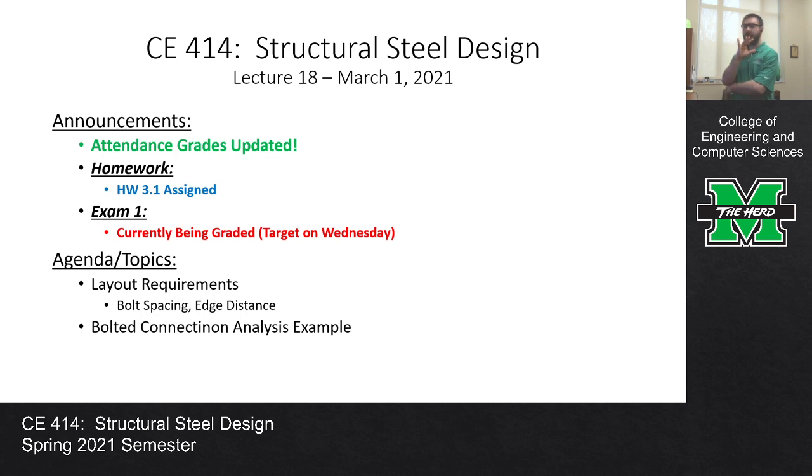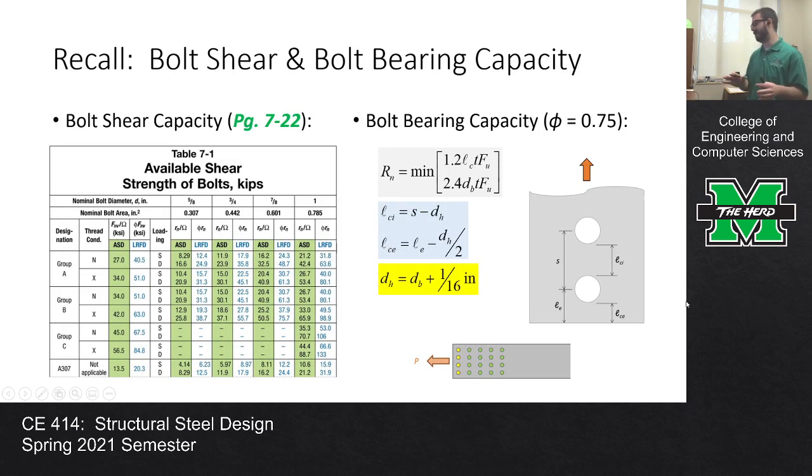I want to start with this slide. There's a lot going on here, but it basically summarizes everything we talked about on Friday. When we talked about bolted connections, we said there are two classes that we handle as steel designers.